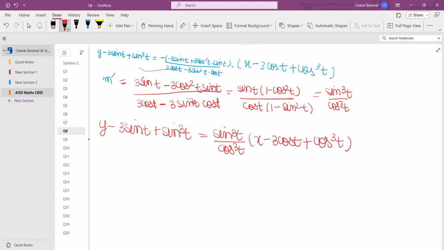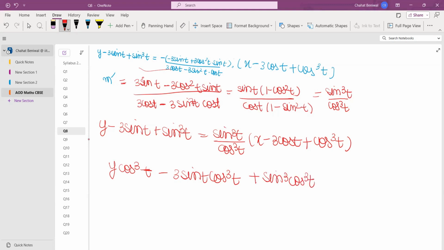Okay, and it will become y cos cube t minus 3 sin t cos cube t plus sin cube t cos cube t.